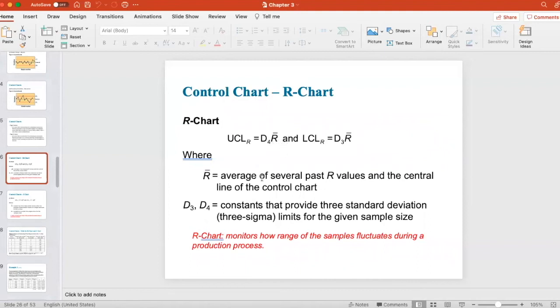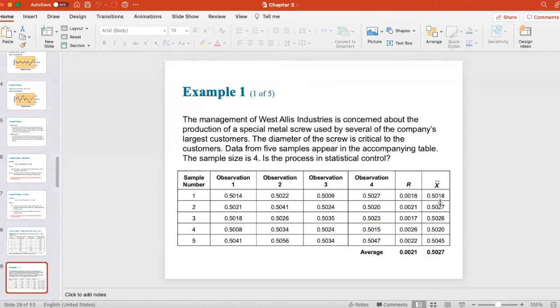What is R bar? R bar is the average of the sample ranges. For every sample, you already have the sample range, but what we need is the average of the sample range.